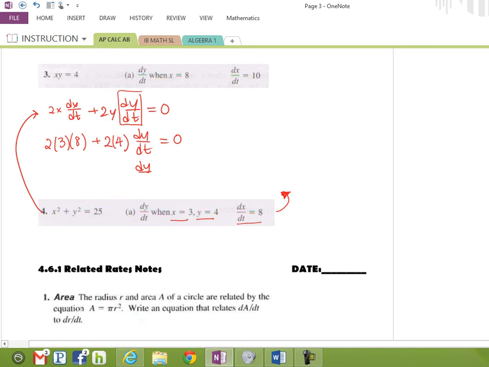So dy/dt is equal to negative 48 divided by 8, which is negative 6. Alright. So that's this 4.6 worksheet that'll help us with related rates.